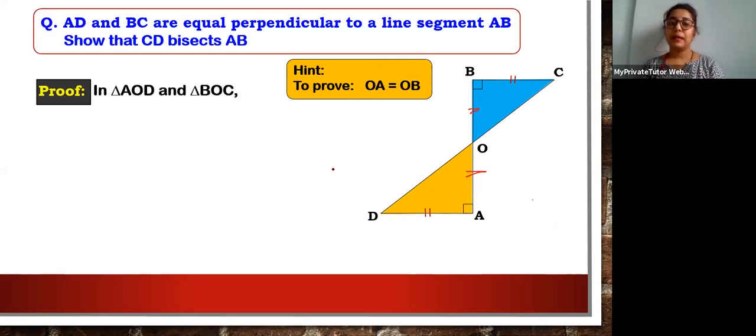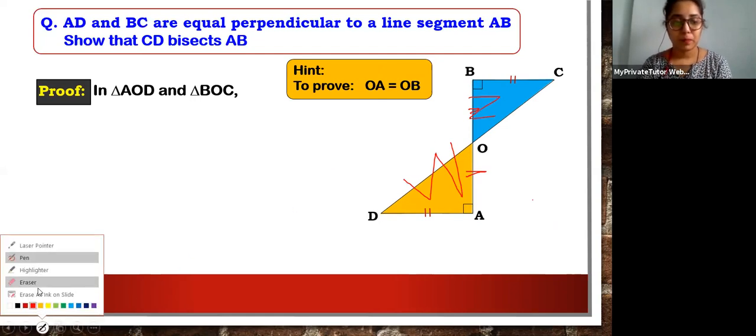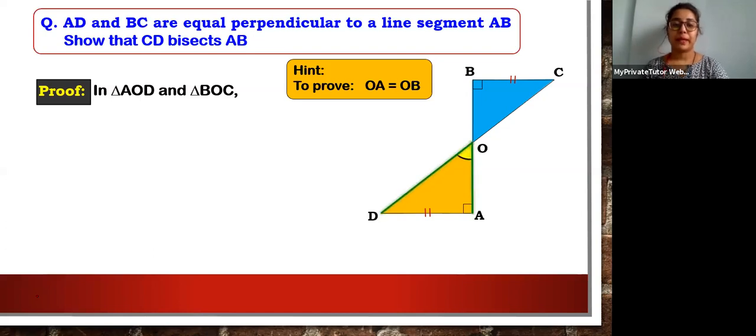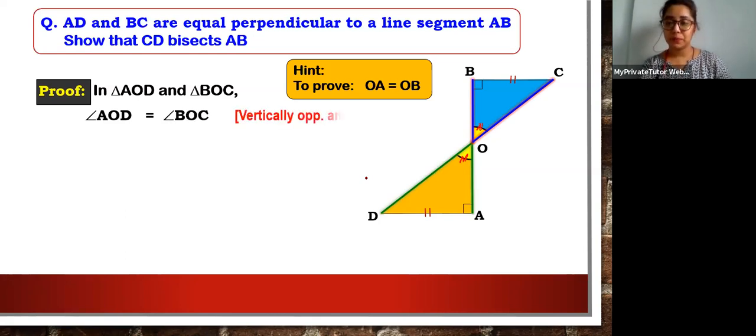So in triangle AOD and triangle BOC, that is this triangle and this triangle, next, angle AOD, that means this yellow angle, is equal to angle BOC.